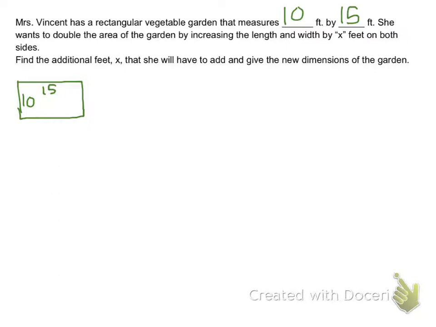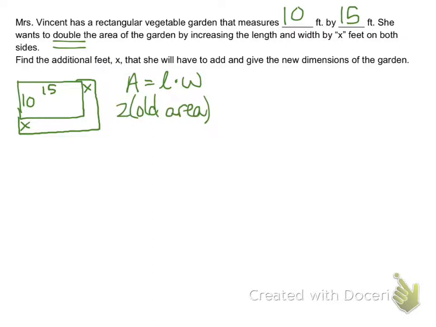So we've got a garden, 10 by 15, and we're going to add to one length and one width. And we don't know how much we're going to add, but we're going to add the same amount, so that is x. And so now it tells us that we're going to double the area. So we should write down or recall our area formula of length times width. And we want to double the old area.